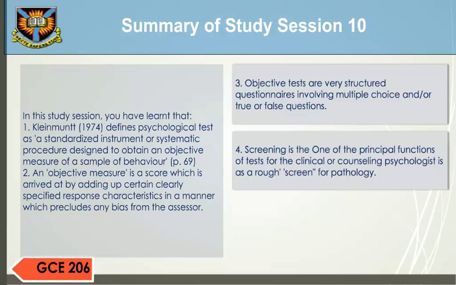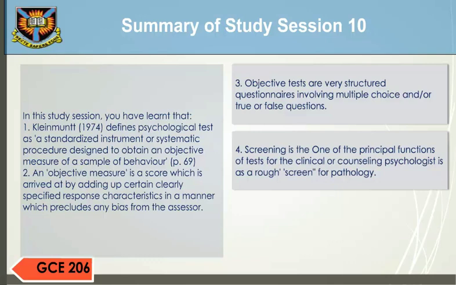Summary of study session. In this study session, you have learned that: 1. Kleinmuntz, 1974, defines psychological tests as a standardized instrument or systematic procedure designed to obtain an objective measure of a sample of behavior. 2.